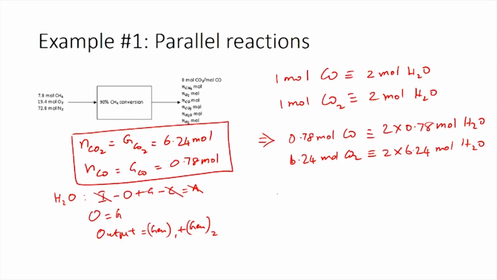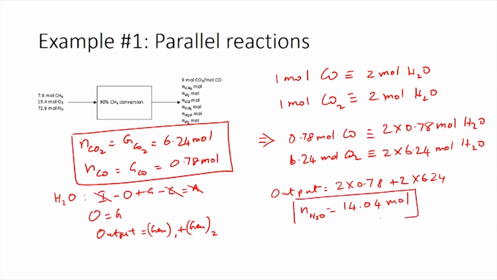So, the total output would be equal to the generation of these two terms, which is 2 times 0.78 plus 2 times 6.24, giving you a value of 14.04 moles. So, this would be the number of moles of water present in the product stream.